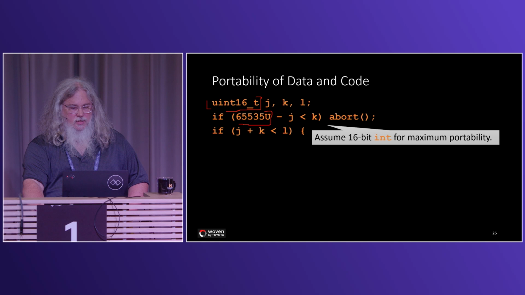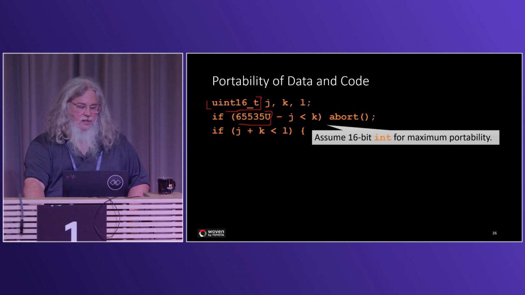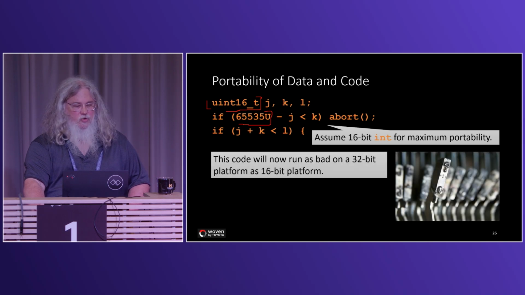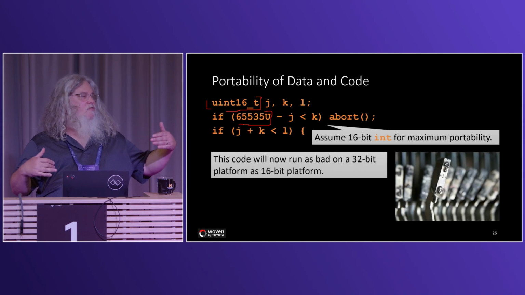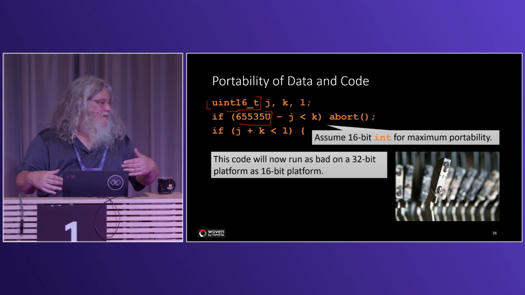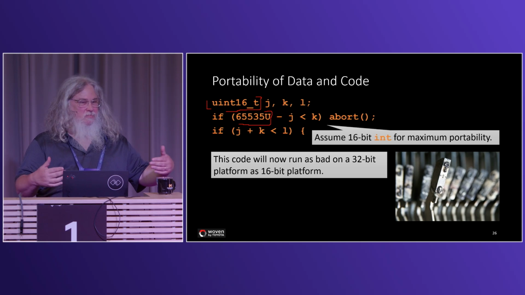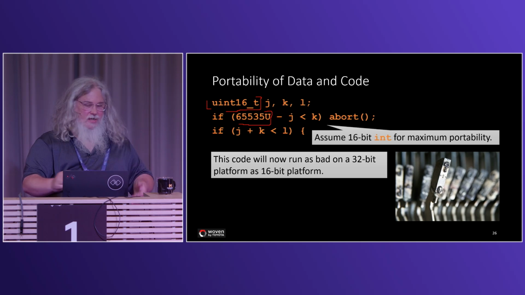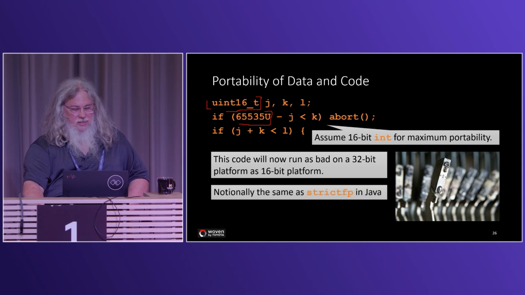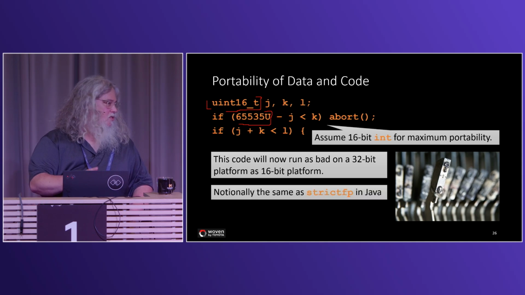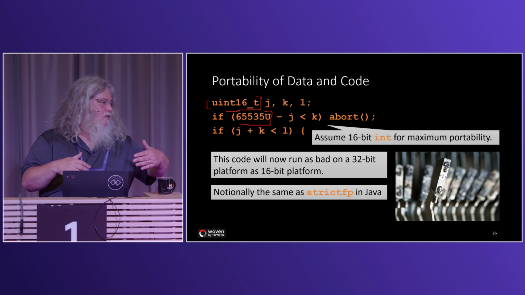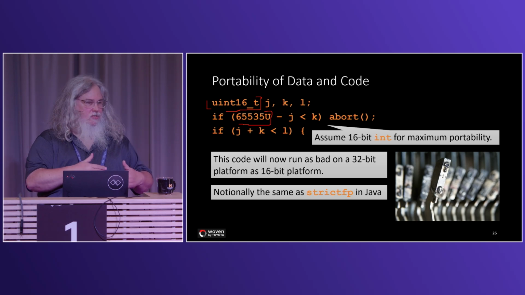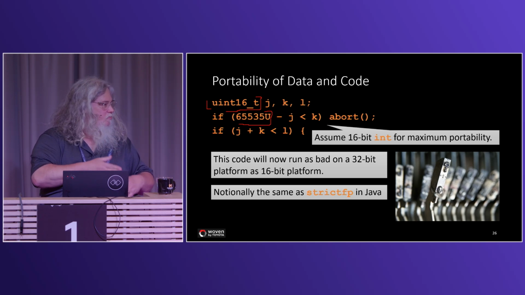So what we've done here is we've assumed that our int is 16-bit for maximum portability, right? And this is kind of how you get portability: you look for the lowest common denominator across all the implementations you might support, and you limit yourself to that. So I use the example of strictfp in Java, which is sort of the same thing, right? If you want consistent floating point behavior, the way you get it is you say, give me the worst possible floating point behavior, and then it's consistent, right?